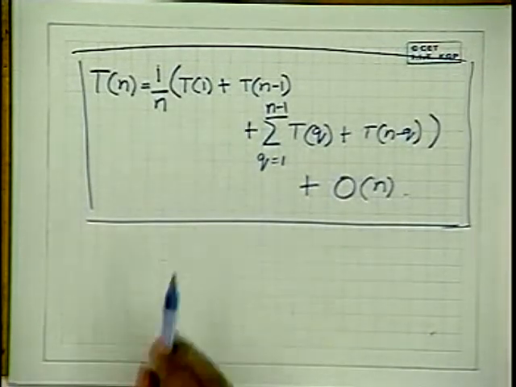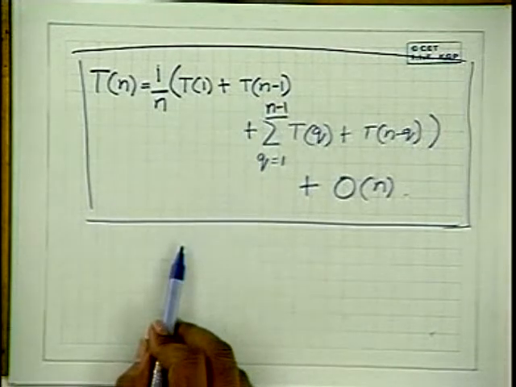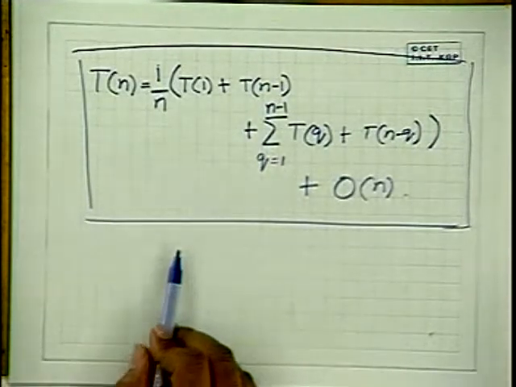Why don't you think over this analysis? In the next lecture, I will go over the analysis of this recurrence relation. I will give you the solution. We know that it should be n log n. In the next lecture, I will analyze it carefully and derive the result. That n log n is the average case behavior of this quicksort.